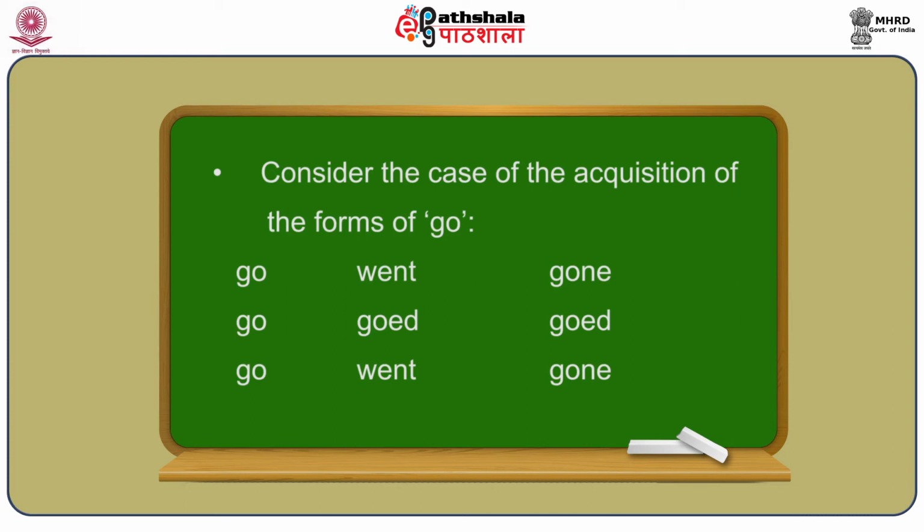So she has added it to go also. Then the third stage, she would finally figure out that this is a listed item, that this is an exception to the general ed rule. So go, went, gone will now be learned as three related items which are irregular.